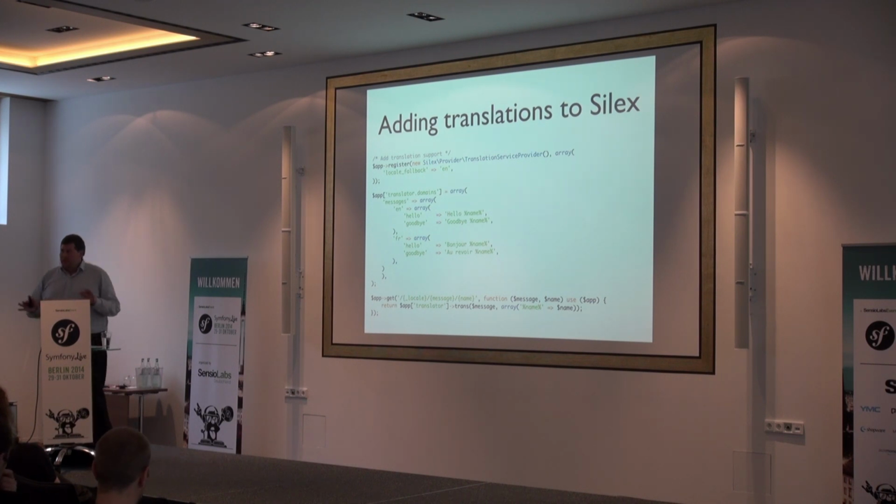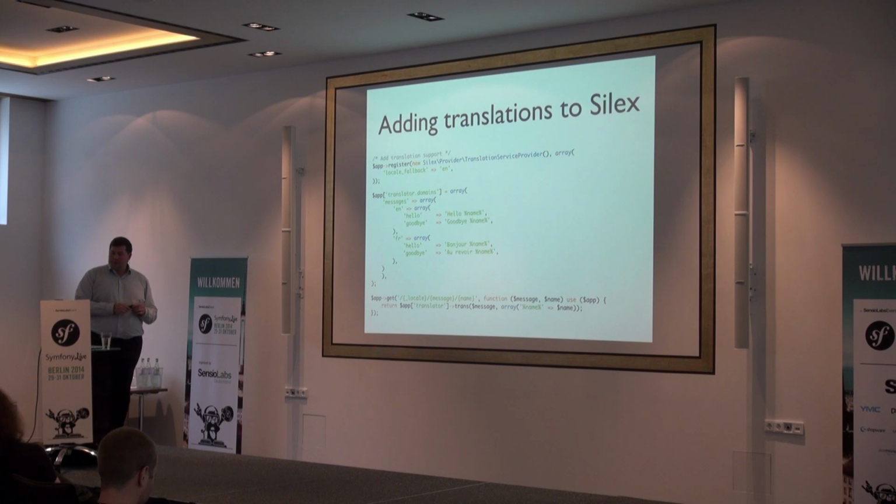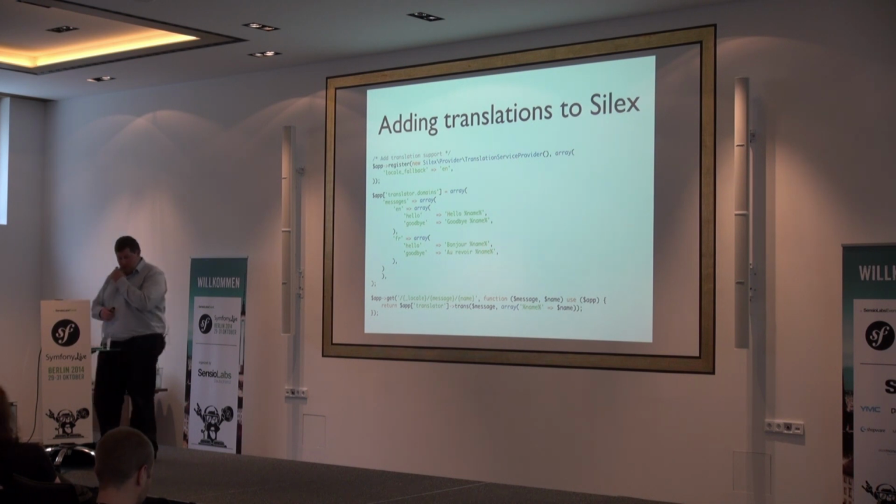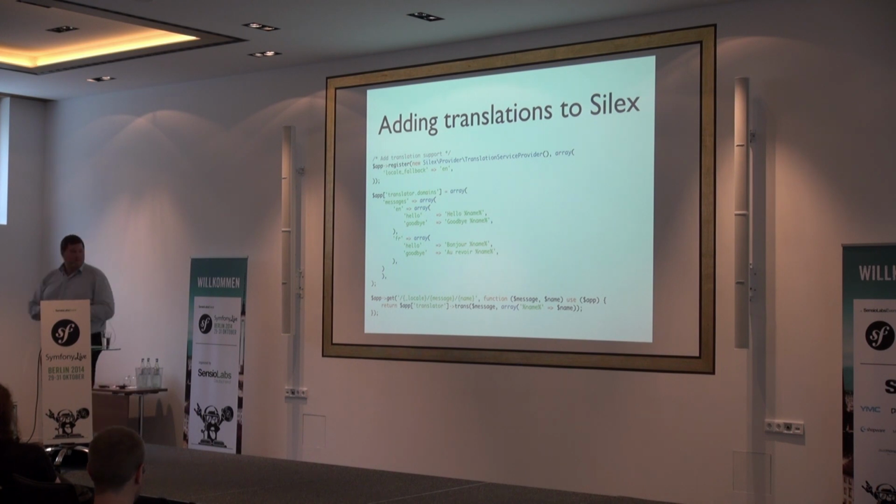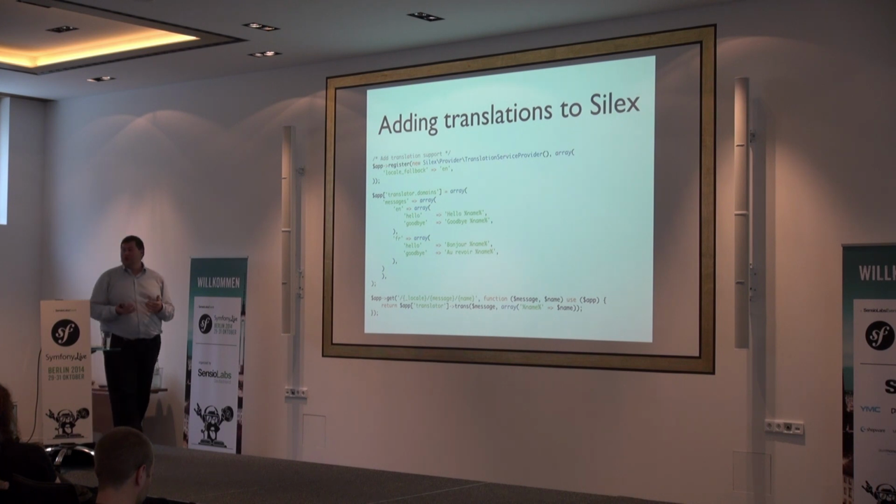Any questions so far? What happens to the locale parameter? The locale fallback. You can parse that or you can manually specify it in the definition, in the get method. Yeah, so it's just a way to go to /en. We treat underscore locale as a special parameter that will set the locale, the current domain, or the current dictionary.